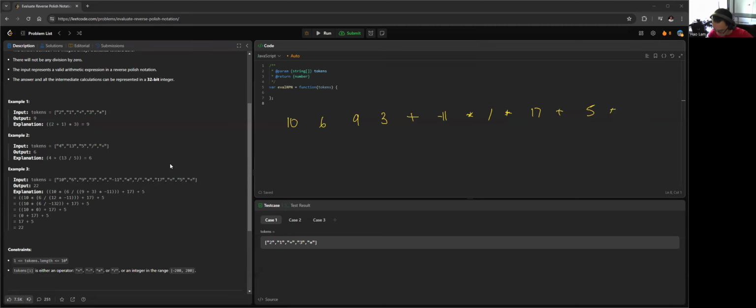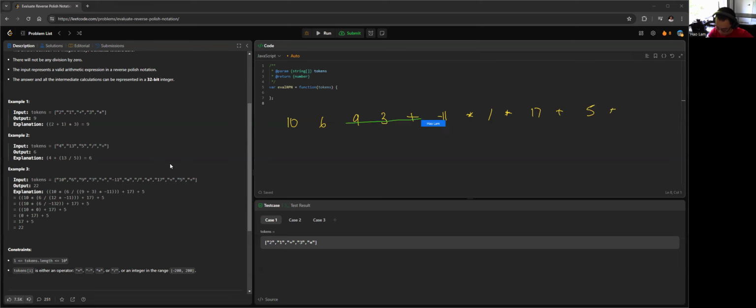As you can see, reverse Polish notation is going to take the first two numbers first, and then the operator. So we need to evaluate in a conventional way. Normally the plus is going to be here, taking the two operands before the operator. So you can see here, 9 plus 3 is 12.